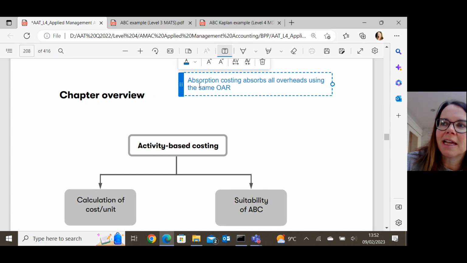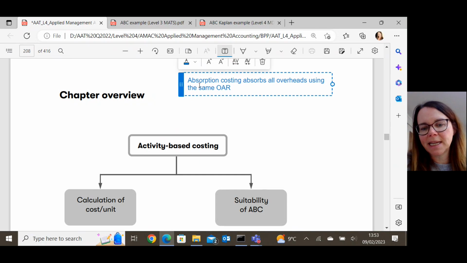What I mean by that is with absorption costing, you lump in all of your overheads for that particular production department, and then you divide it either by the number of units, the number of labour hours, or the number of machine hours, and then you absorb those overheads into the product all on that same basis.